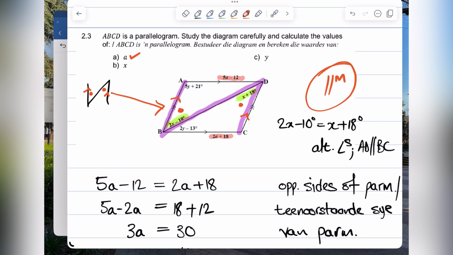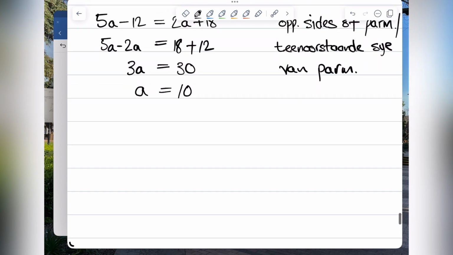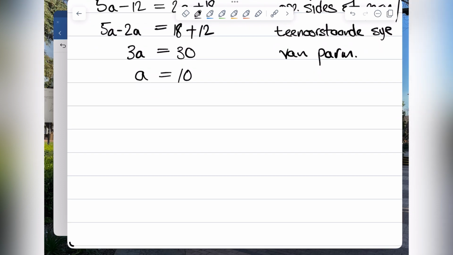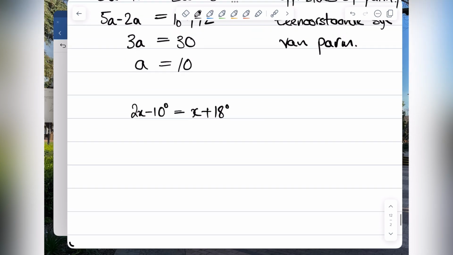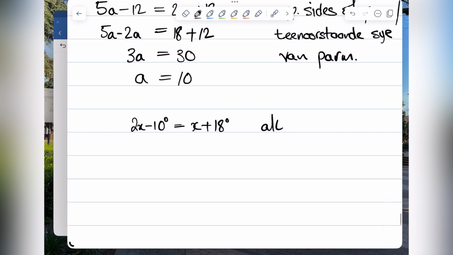Right, so we can then say, ons kan sê dat 2x minus 10 grade is gelyk aan x plus 18 grade. Let's just quickly write that down. There's 2x minus 10 degrees is equal to x plus 18 degrees. Yeah, and the reason is alternate angles.